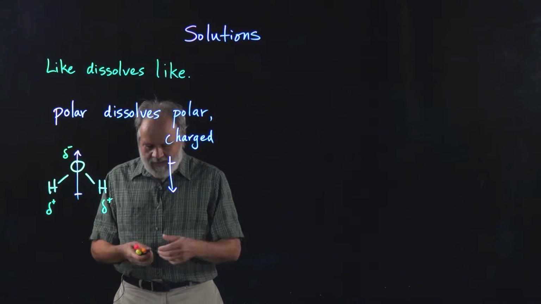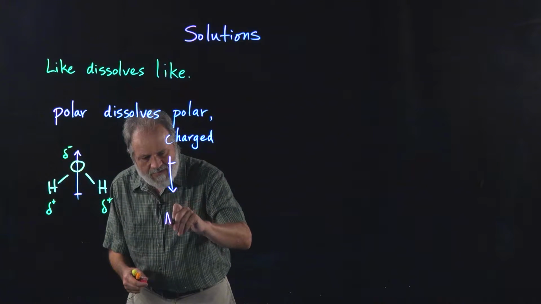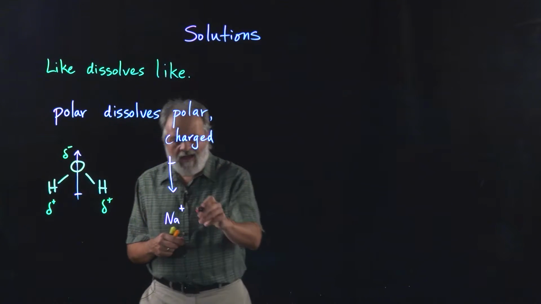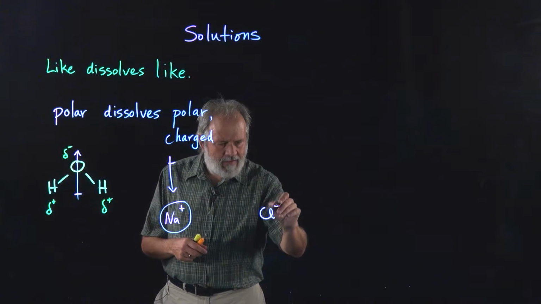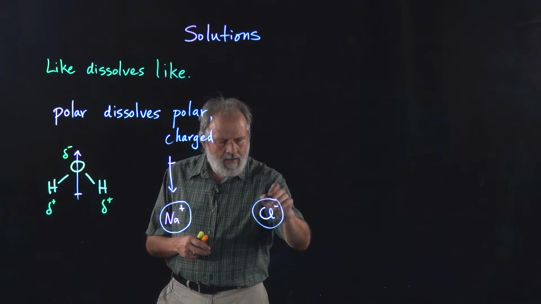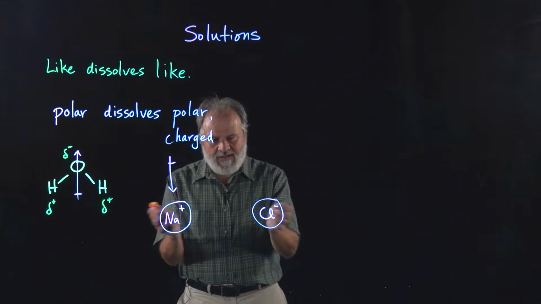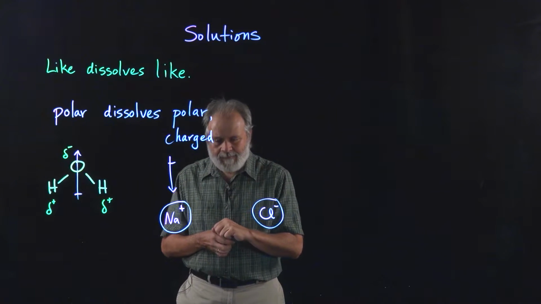Now, ionic materials form ions when they dissolve. So when you dissolve sodium chloride, you get a positive sodium ion and you get a negative ion, chloride. In the crystal, these things are next to each other, and because opposites attract, that's why they form a solid at room temperature.